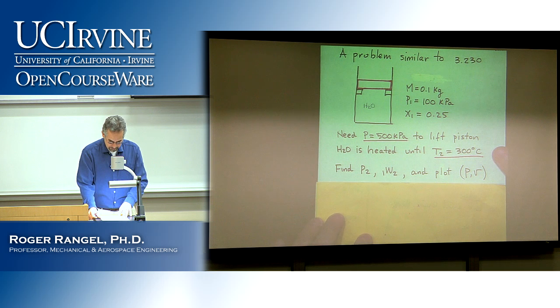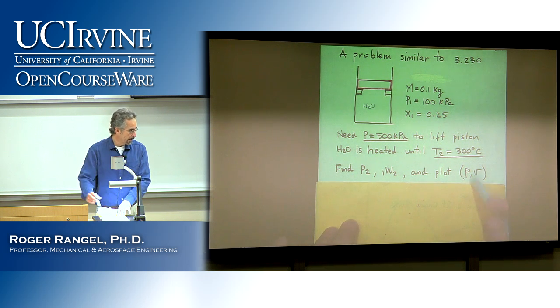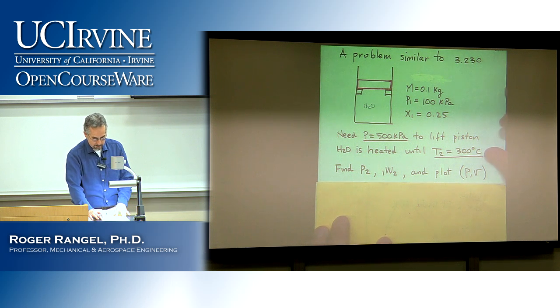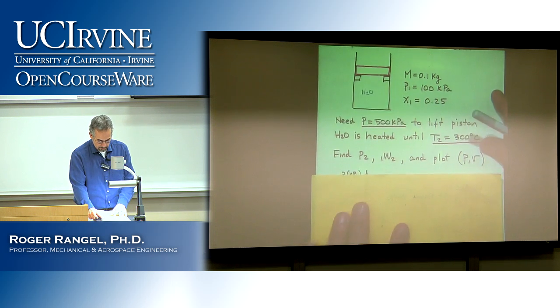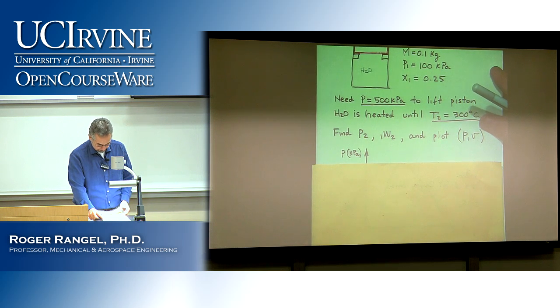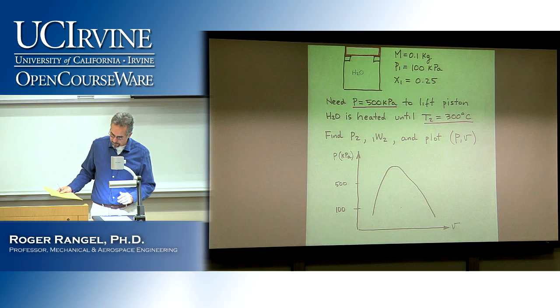Many times, actually, this is the first thing you should do. At least try to start going on that plot because it will help you solve the problem. So if we want to make a plot of the process, then of course we draw some of the information that we have.